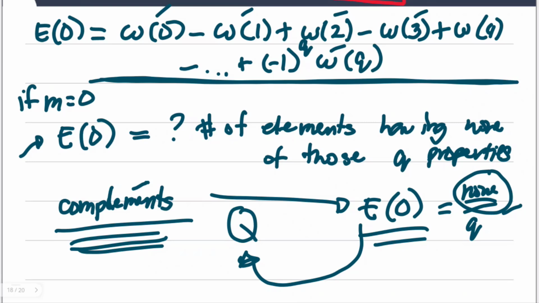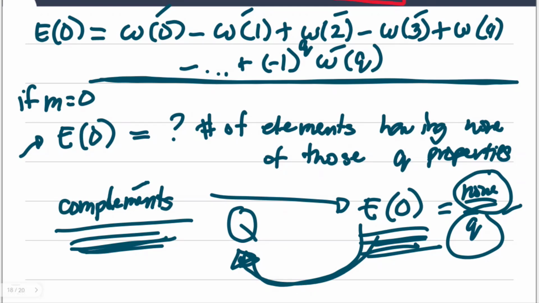However, we are tasked to identify the number of integer solutions for x sub 1, x sub 2, and x sub 3, but it's not straightforward because they would be in inequality form. So we're going to get its complement. We're going to reverse the inequality and solve for E of 0, and since E of 0 stands for none of those properties that are reversed, the complement of the none answers the problem at hand.